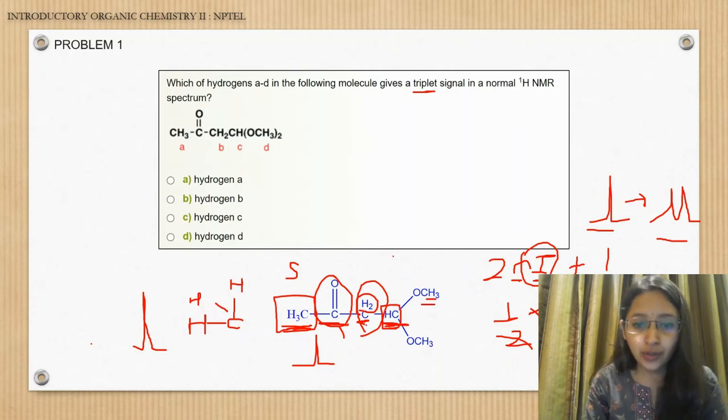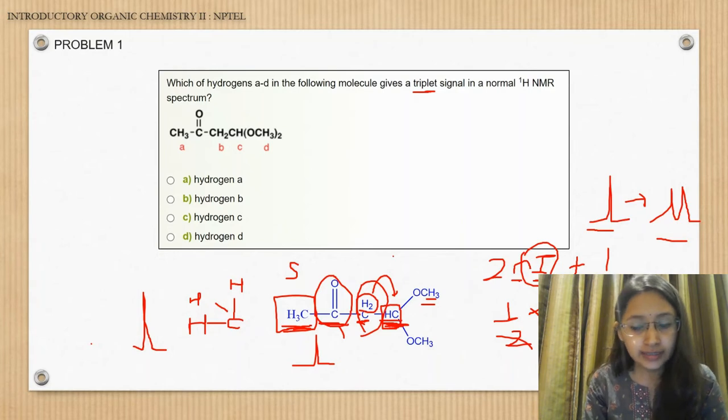Now you are going to see a signal which is split by this CH2 group, not by this methyl group, because of long range coupling. Now for this CH group, the number of hydrogens for the CH2 is what? 2.